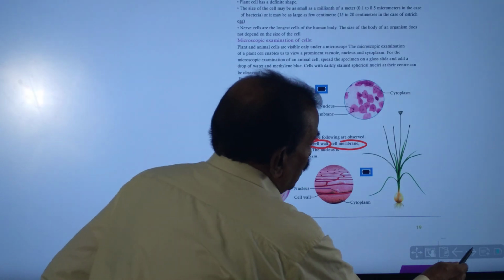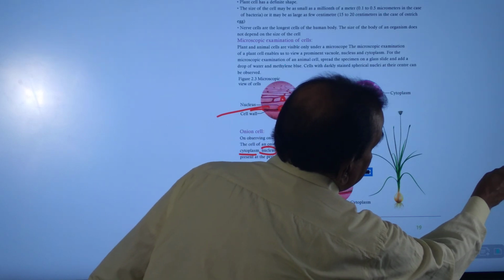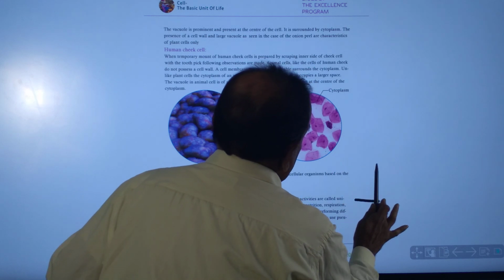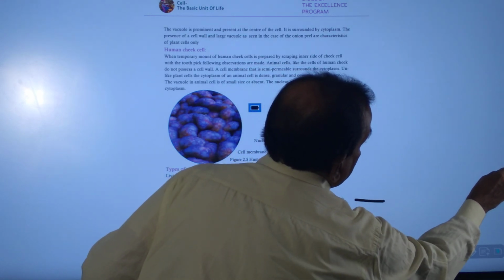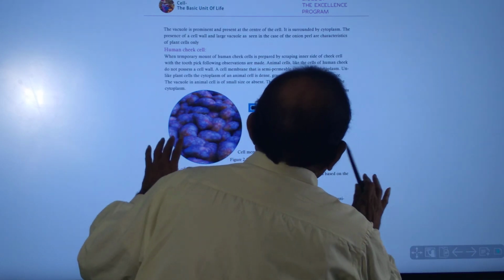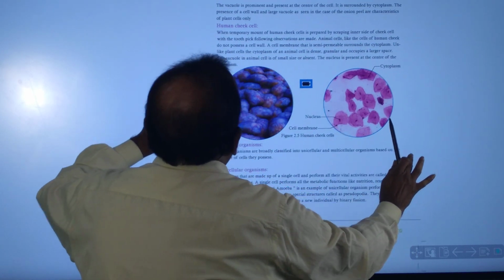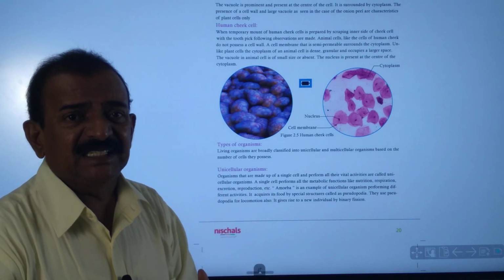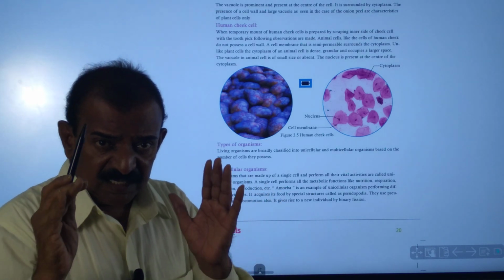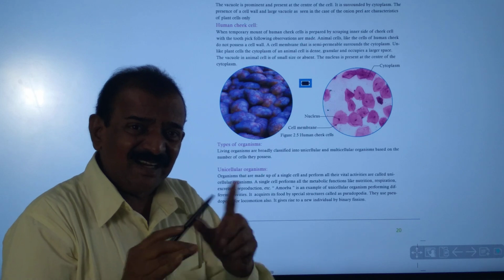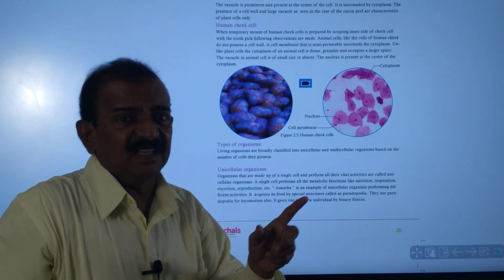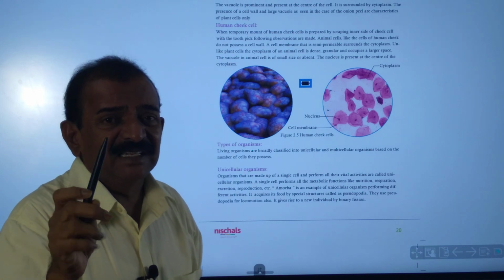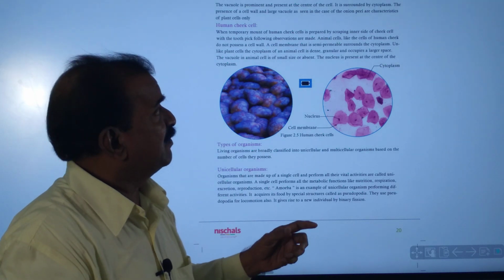Now we need to move towards another page, page number 20. Here you see vacuole. Vacuole is a prominent structure. It is a cell organelle that is present in both plant and animal cells. But the vacuole is large in the case of plant cell, and vacuoles may be absent or present as small structures in animal cells.